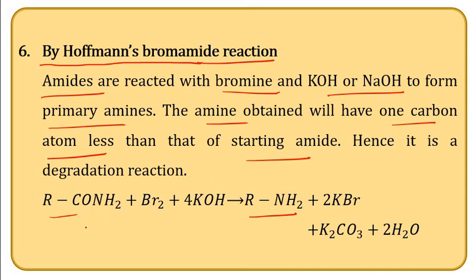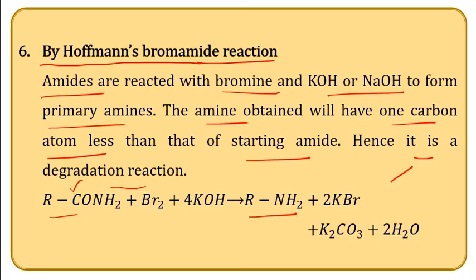The amide has one carbon in the functional group, and it is removed in the form of carbon dioxide. That's why the carbon numbers of the starting amide and the amine formed are different, with one carbon less. That's why it is called a degradation reaction, as fewer carbons are obtained in the product.